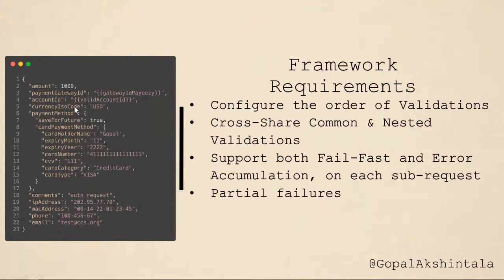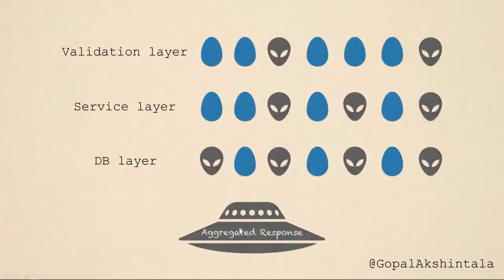And partial failures is something wherein, if I have a batch request, I want to capture a few of those which are failures and send them down to various layers. Imagine my validation layer is failing, let us say, two of them. But in batch services, I am not supposed to send these error responses right away.